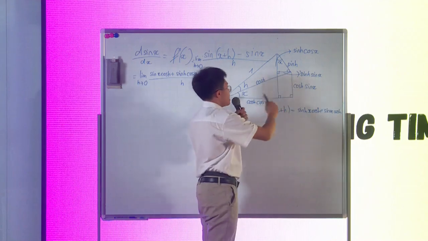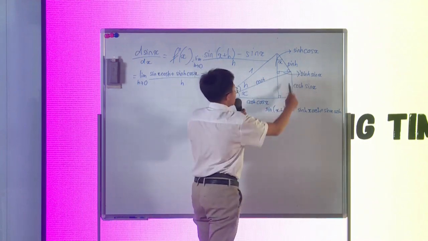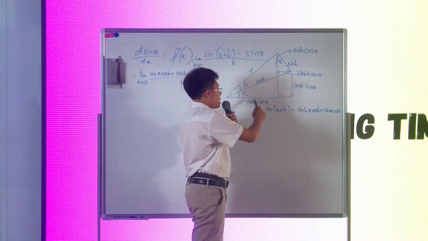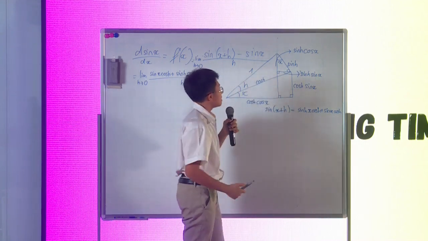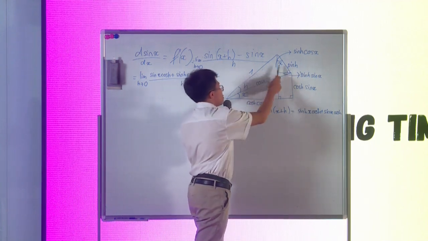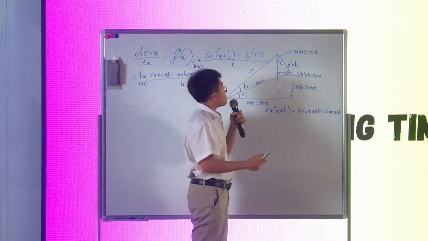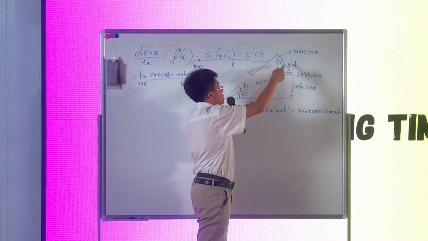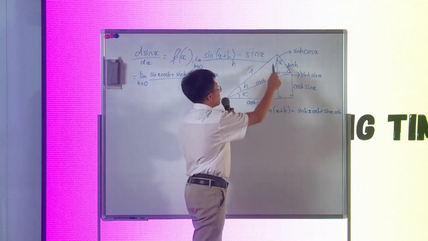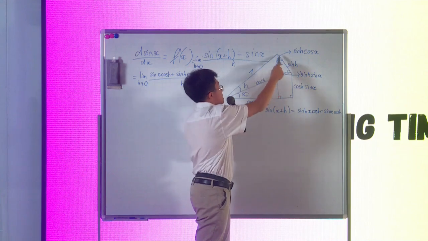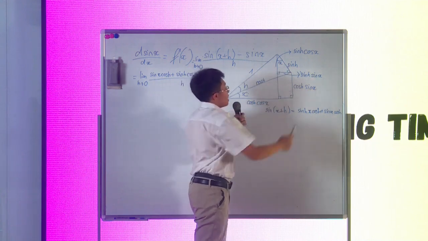Then this side will be the cosine of h times the sine of x, and this side will be the cosine of h times the cosine of x. We can clearly see that this angle is equal to this angle. So with that, this side is sine of h times the hypotenuse, so this side will be the sine of h times the cosine of x, and this side will be the sine of h times the sine of x.